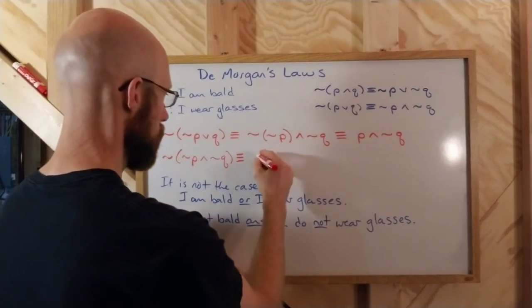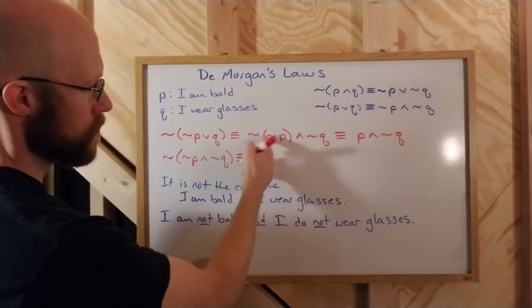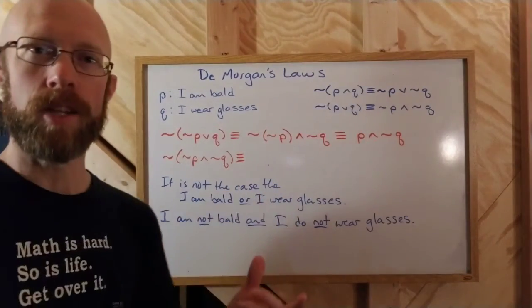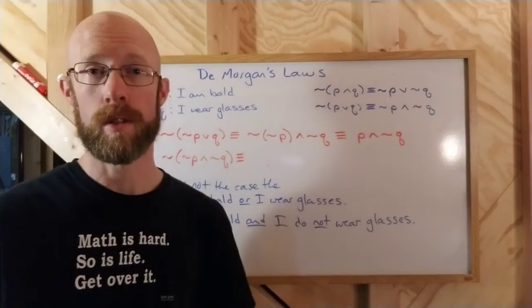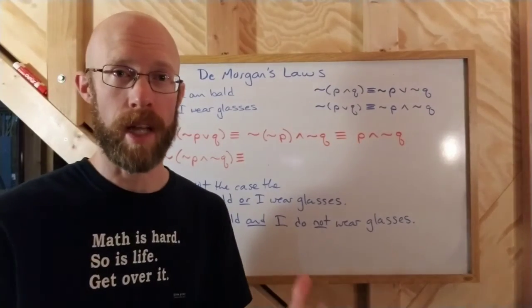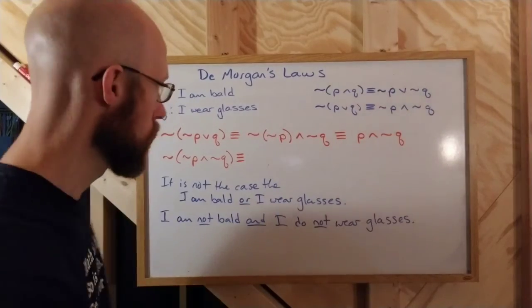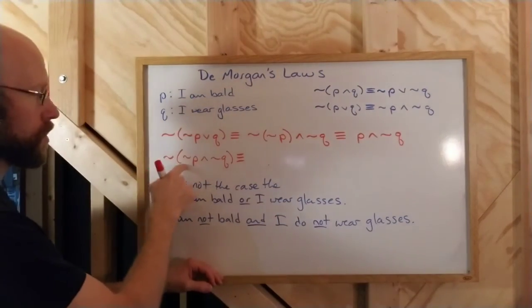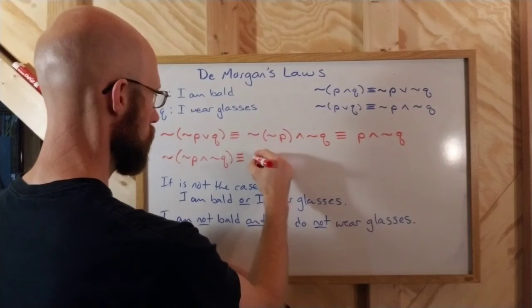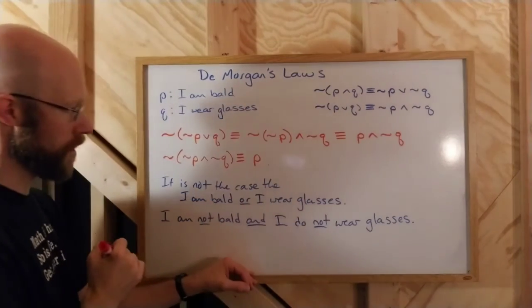So it would be, and again, I could skip this intermediate step with the double negations because I know that's going to basically wipe them out. It's kind of like a double negative in algebra, right? A negative of a negative is positive. And so here, the two negations make it not negated anymore.